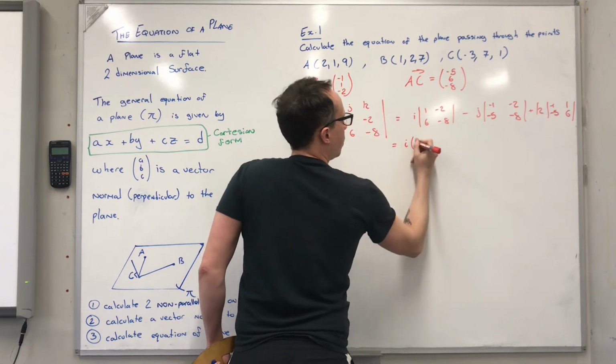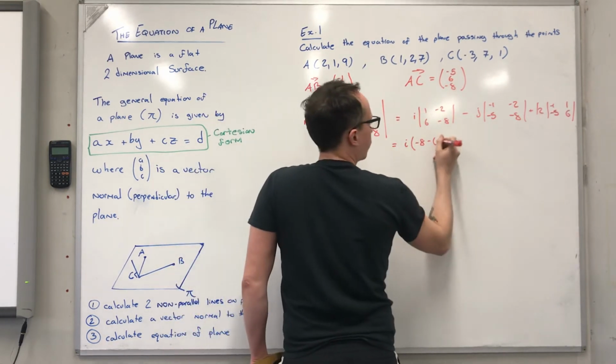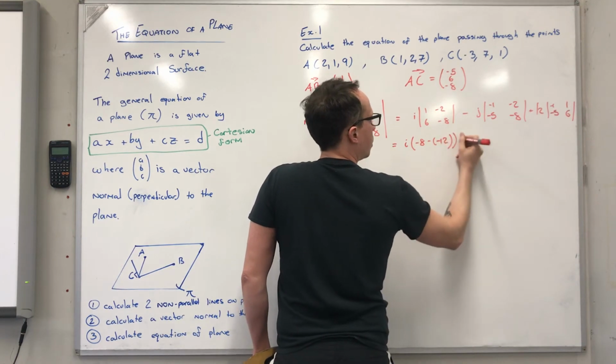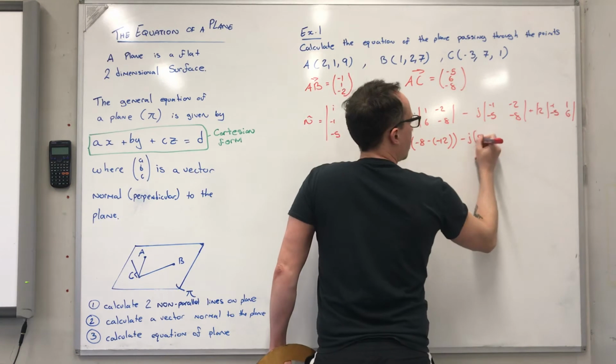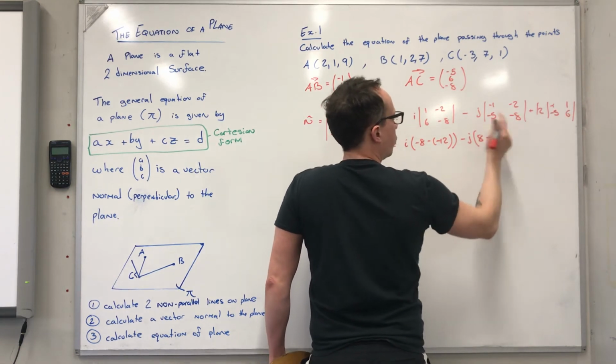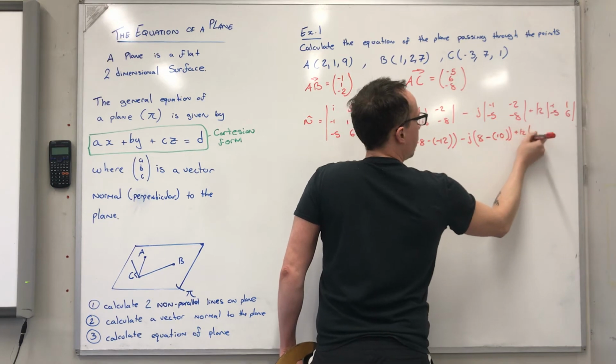1 times negative 8 is negative 8, minus negative 2 times 6 is negative 12, minus j. Negative 1 times negative 8 is 8, minus negative 2 times negative 5 is 10, plus k.